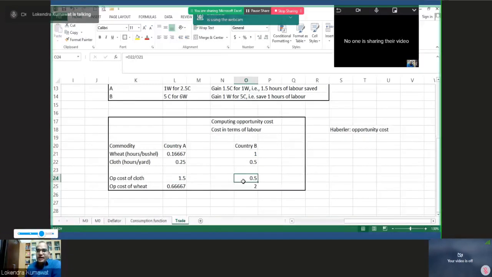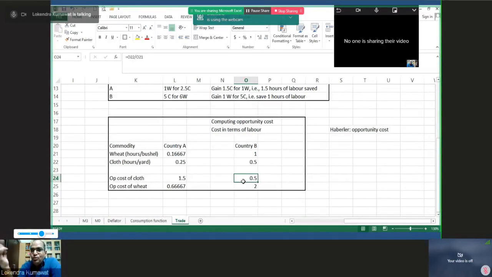Since the opportunity cost of producing cloth in terms of wheat is less in country B, country B has a comparative advantage in cloth, and accordingly country A has a comparative advantage in the production of the other commodity, namely wheat.